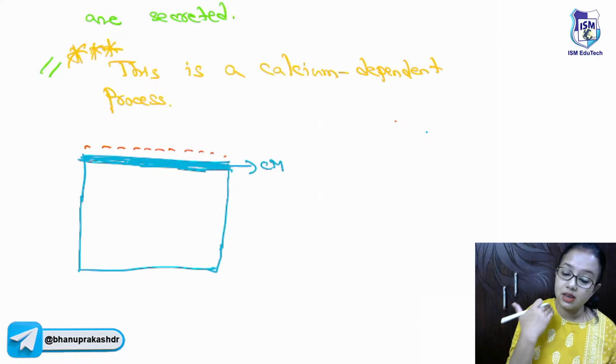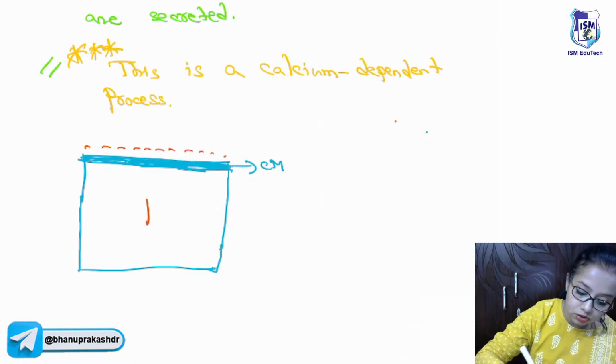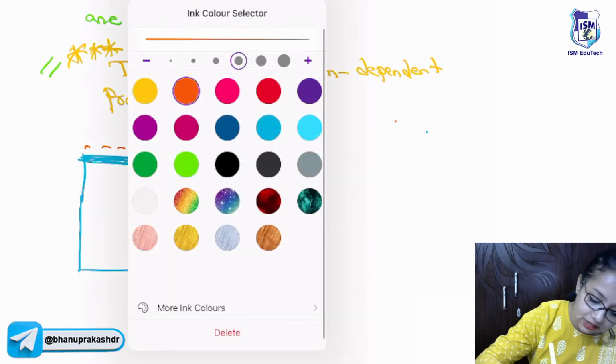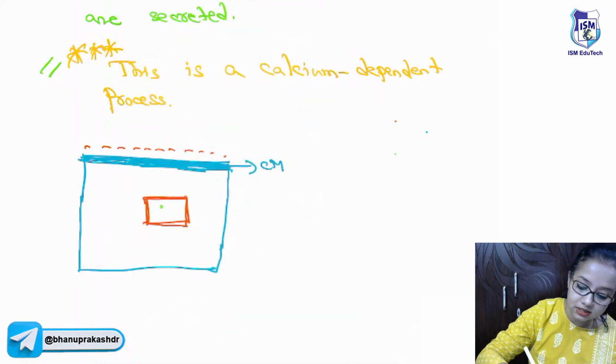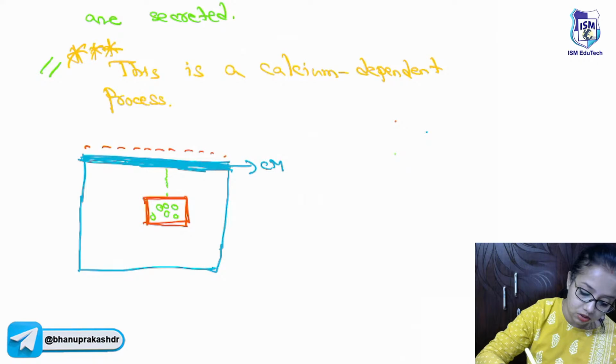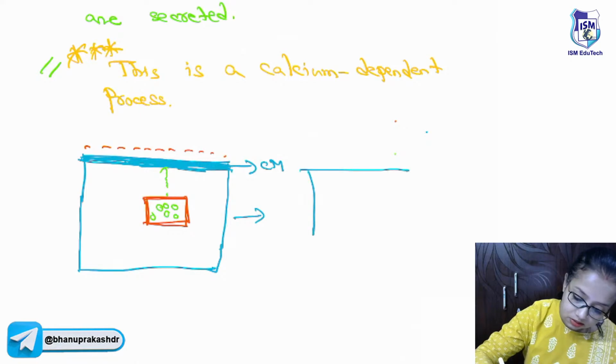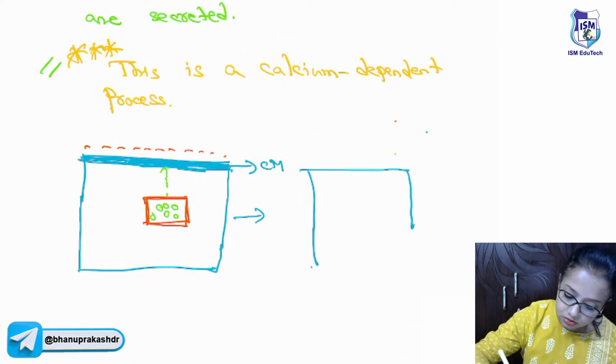Now, exocytosis also requires a vesicle. Like this is the vesicle which will carry the substances that have to be thrown out of the cell. So this will ultimately go there and it will fuse here, just the opposite of endocytosis.